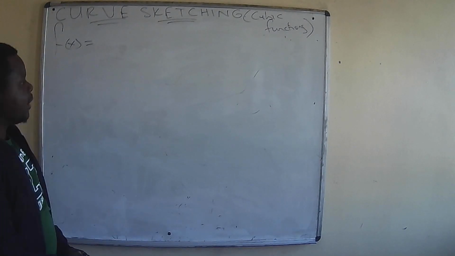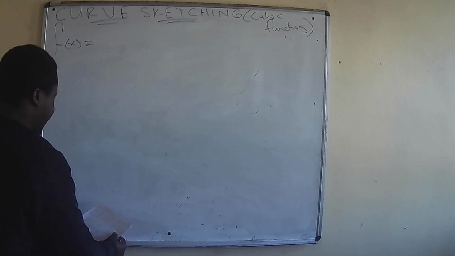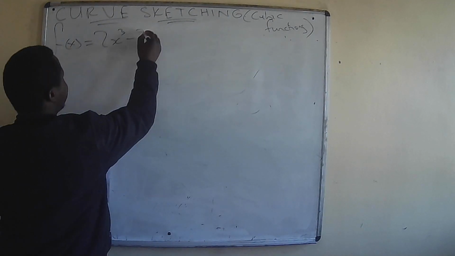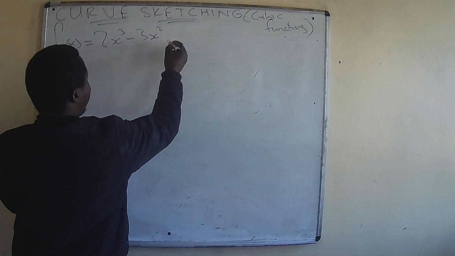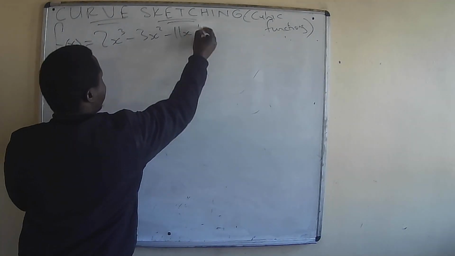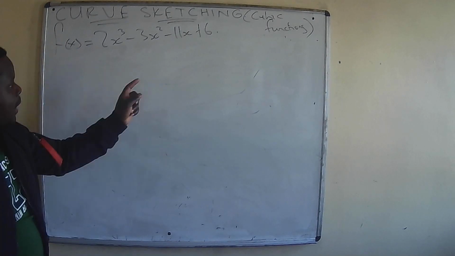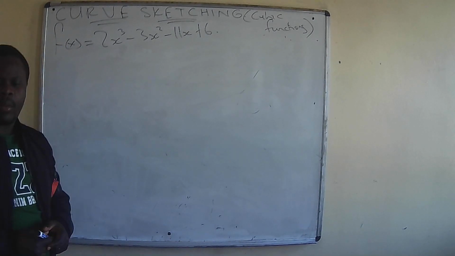Let's say we are given f of x equals 2x cubed minus 3x squared minus 11x plus 6. So here we have our f of x.